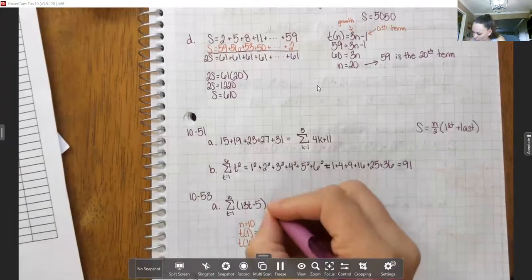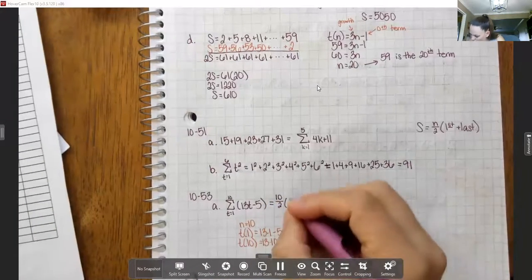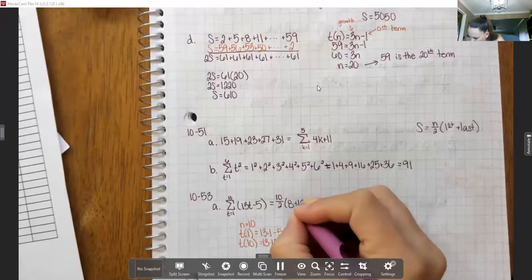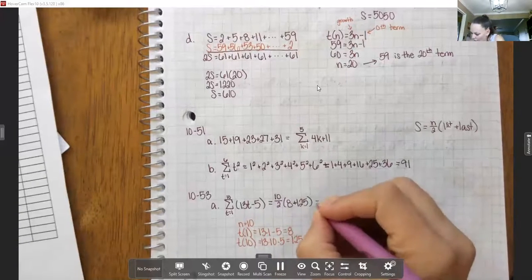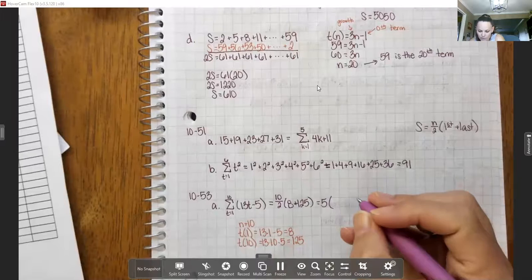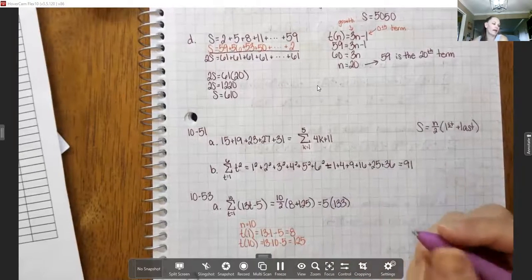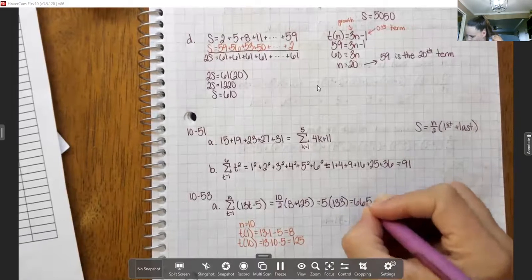So our sum here, 10 divided by 2 times 8 plus 125. Half of 10 is 5. 8 plus 125 is 133. And 5 times 133 is 665.